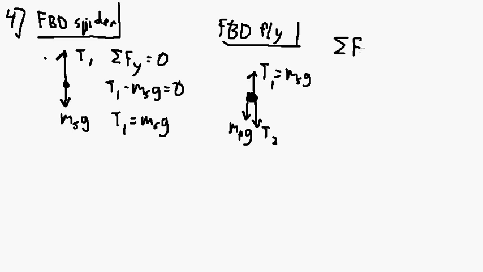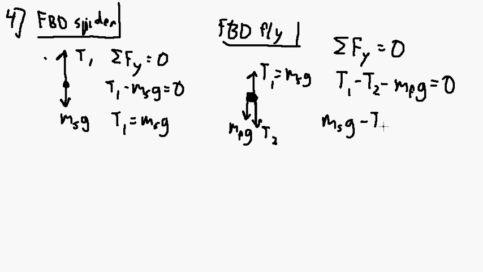We do a force balance in y equals 0, and so we have T1 going up, we have T2 going down, and we have the mass of the fly times g going down. That equals 0. So we know that T1 is mass of the spider times g. So M_s g minus T2 minus M_f g equals 0.